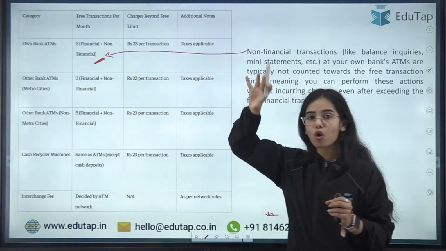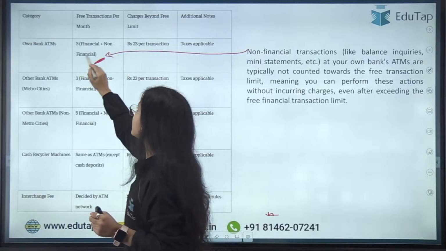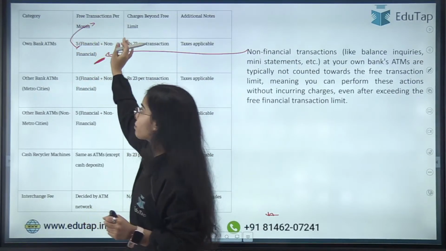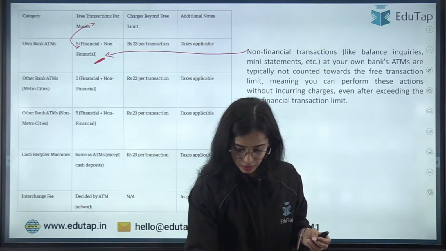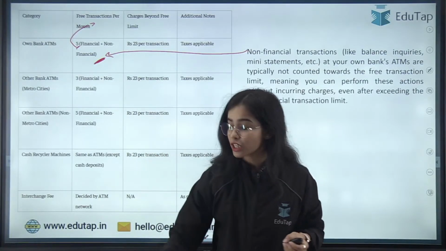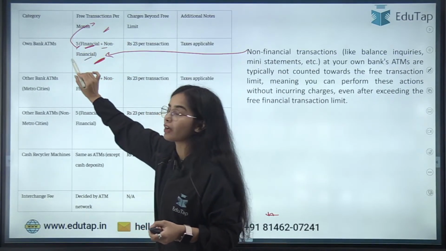Okay, so in all the newspapers I found that for own bank ATMs, it is written that there are 5 free transactions per month, that is financial plus non-financial for the own bank.